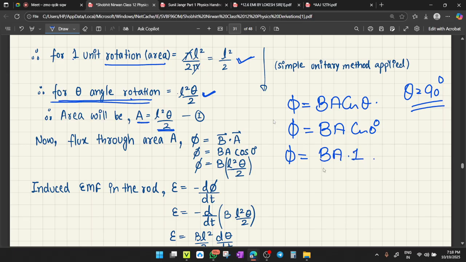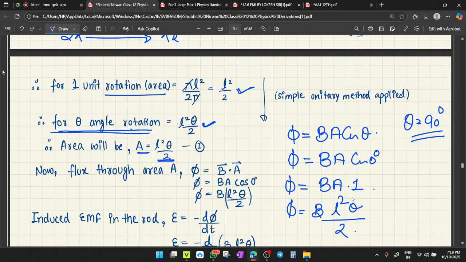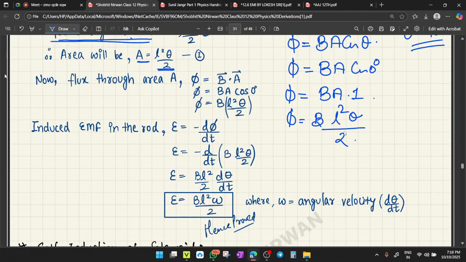Okay, B into A. Now phi is equal to B and A in terms of theta, which is L square theta by 2. Sorry, it should be L square, because the value of A equals L square theta by 2. So it is equal to B L square theta by 2.